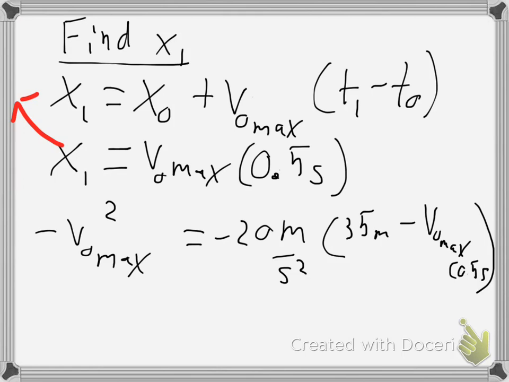Alright, so this still looks pretty ugly, but this is a good thing to review: substitution. I have v0 max in two places, and I want to get them to the same side. So let's set this equation equal to 0, because we have a quadratic equation right now. I'm going to set the left-hand side equal to 0 and essentially add v0 max to the right-hand side.